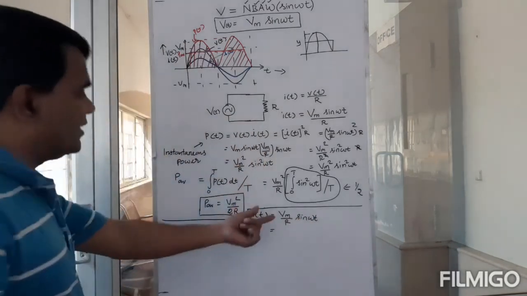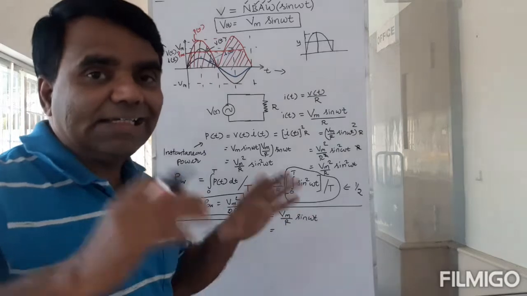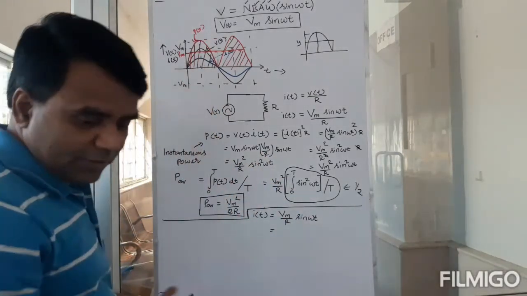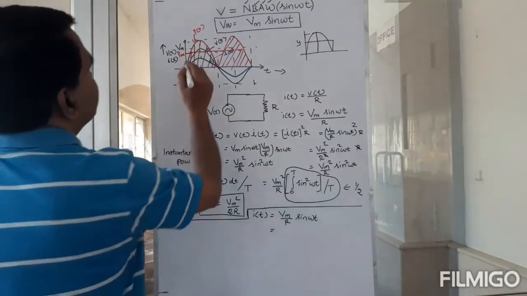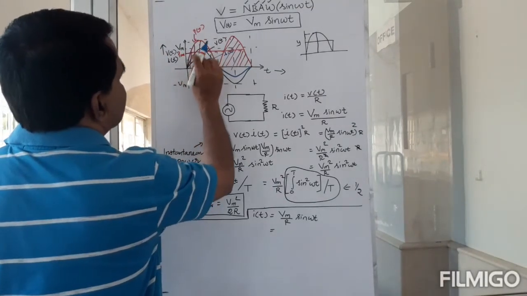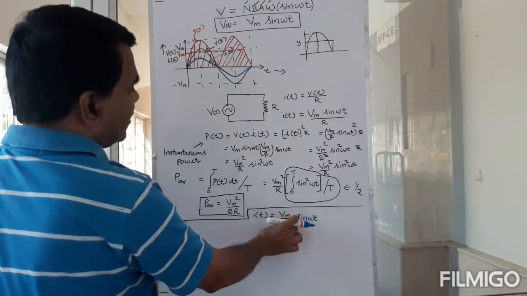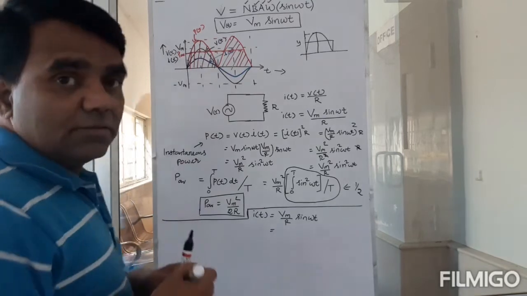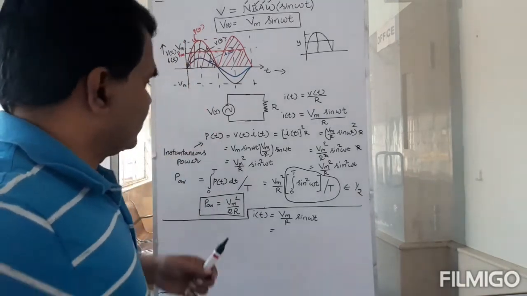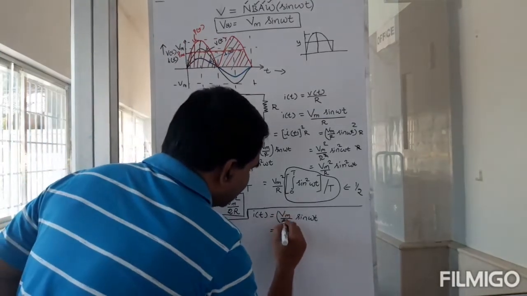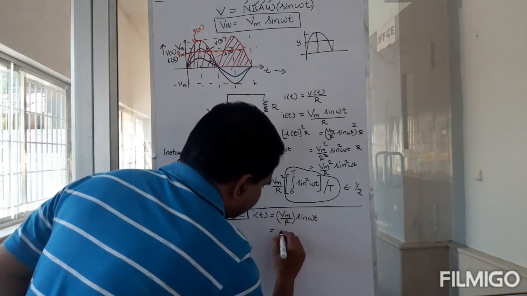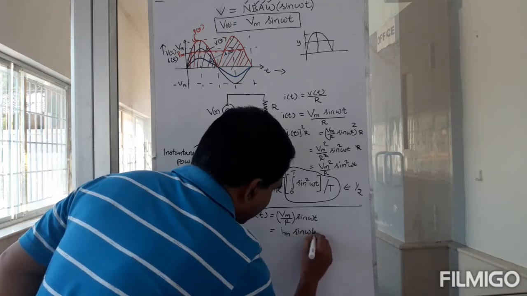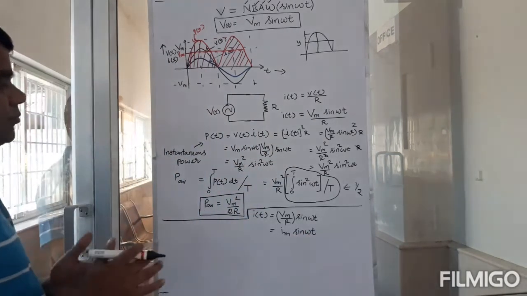And I'm going to write this Vm by R as Im, the maximum current possible. I'm referring to this value, this maximum current. So Vm by R will be Im, the maximum current in the circuit. So I'm going to replace this with Im sine omega t.